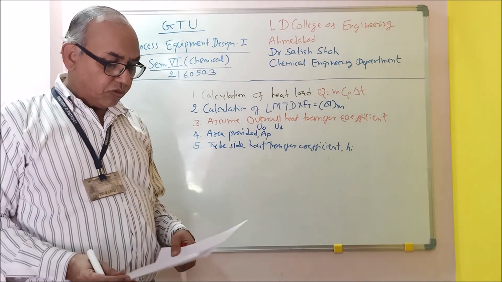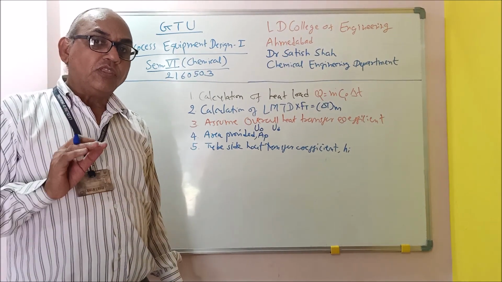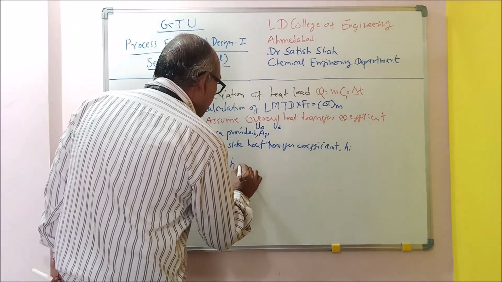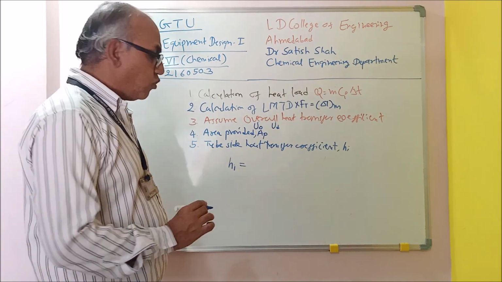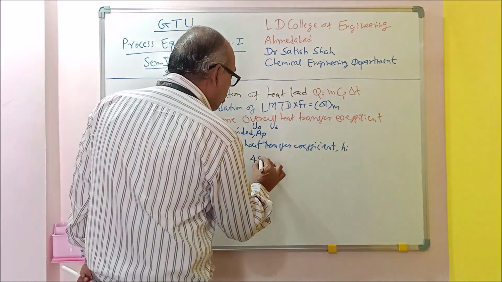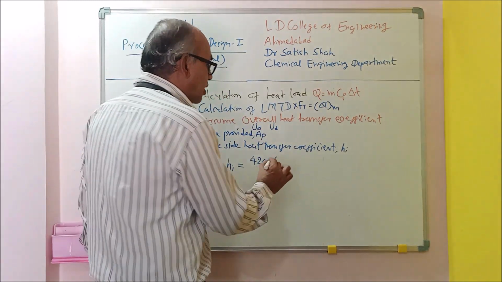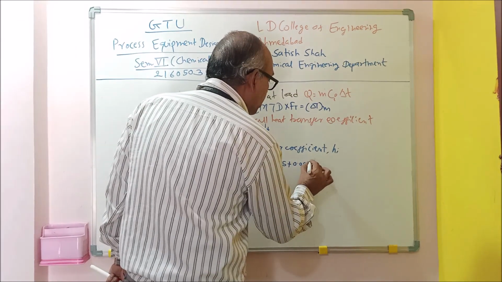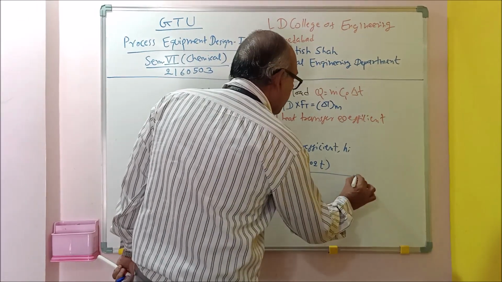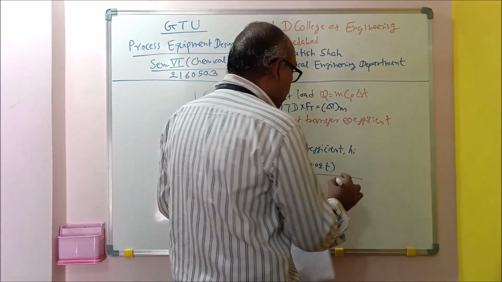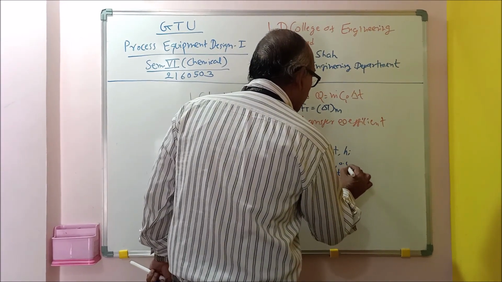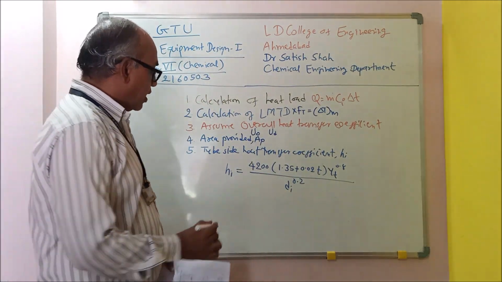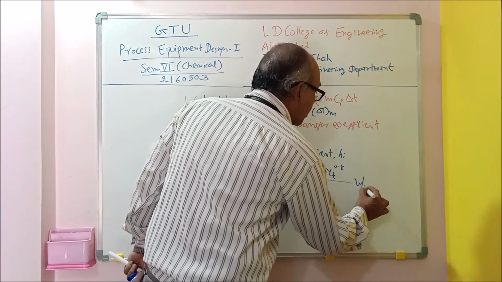You can directly use one simple formula which is applicable to turbulent flow for water, and you can simply calculate HI using this formula: HI is equal to 4200 into (1.35 plus 0.02 T) into U raised to 0.8 upon Di raised to 0.2, and this will be in watt per meter square degree Celsius.